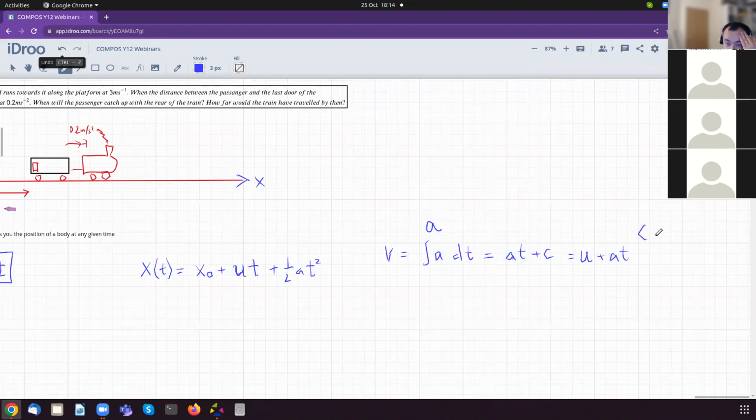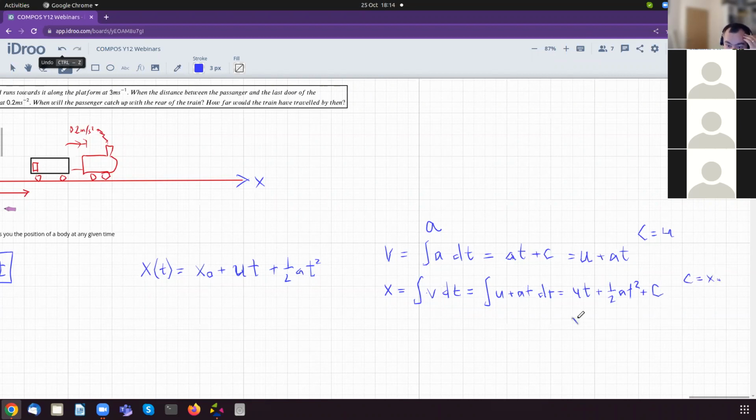Now, the displacement is the integral of velocity with respect to time, which is the integral of u plus at dt, which is ut plus 1/2 at squared plus c, where c is the initial position.